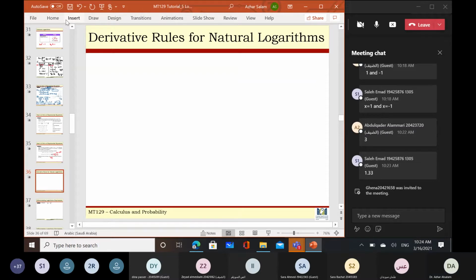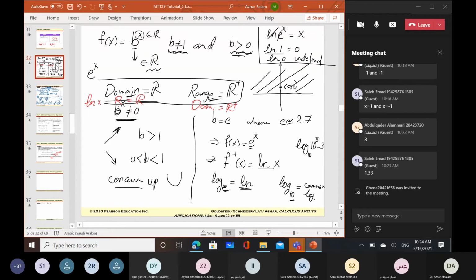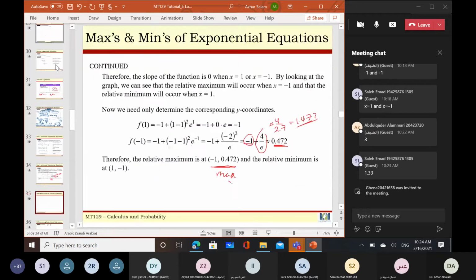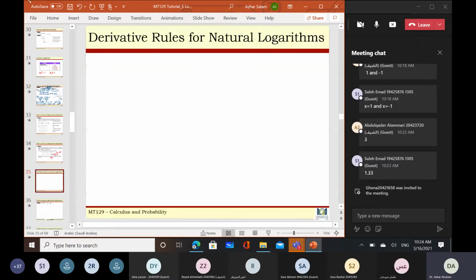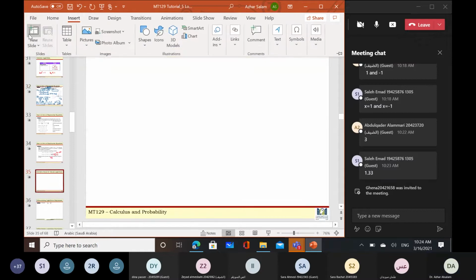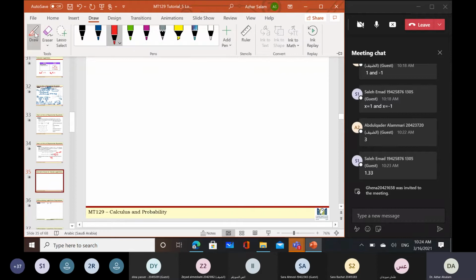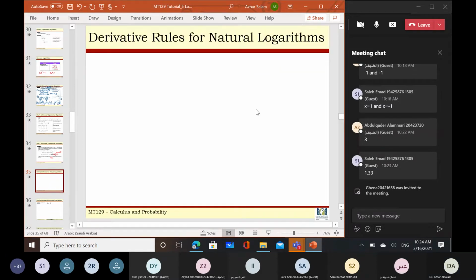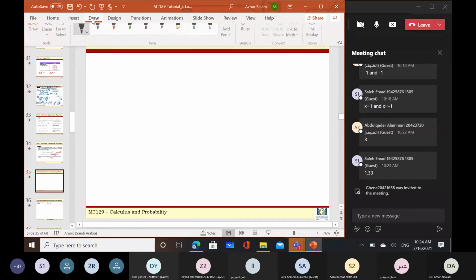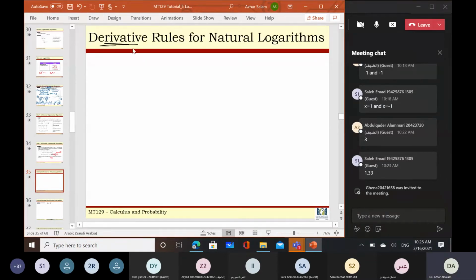Okay, now we will talk about the derivative of the logarithmic function. We said that the derivative of the exponential function, d by dx of e to the power x, is the same function e to the power x.